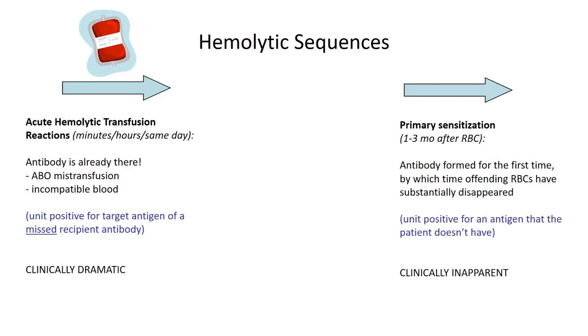And that's in contrast with primary sensitization, which can take 1 to 3 months after a given red cell antigen exposure. The antibody is not there at first, but the immune synapse is negotiating an antigen presentation to a T cell, which eventually communicates with B cells, which eventually secrete the specific antibody provoked by the antigen that got presented.